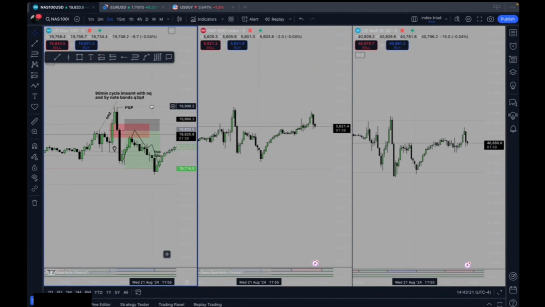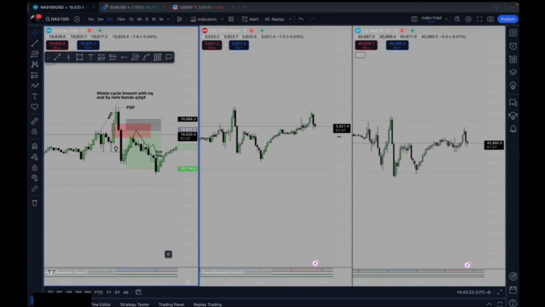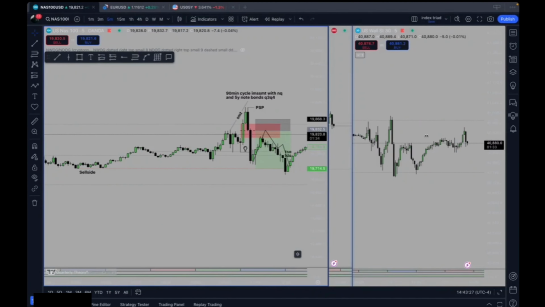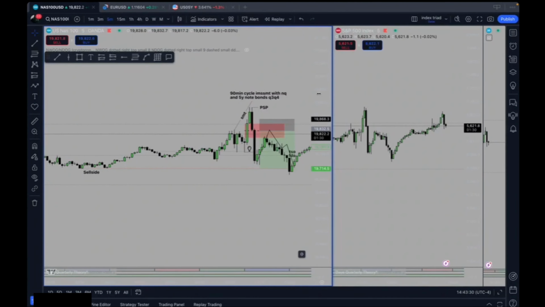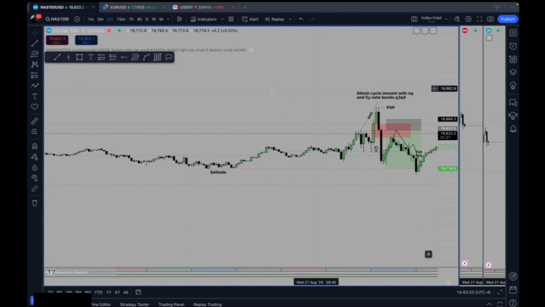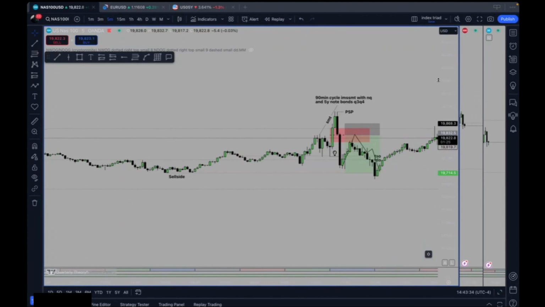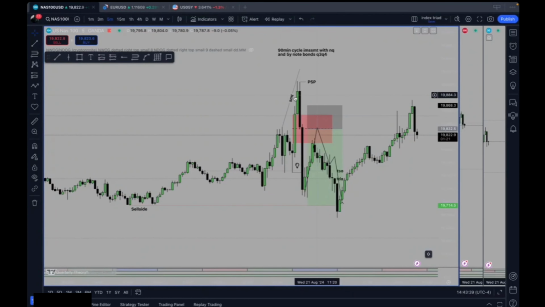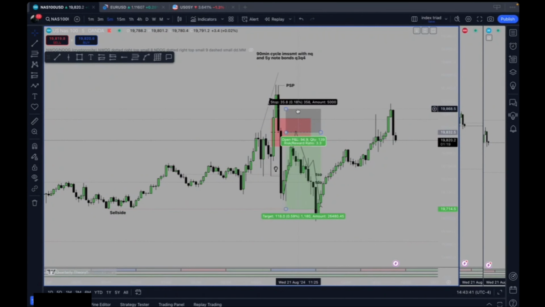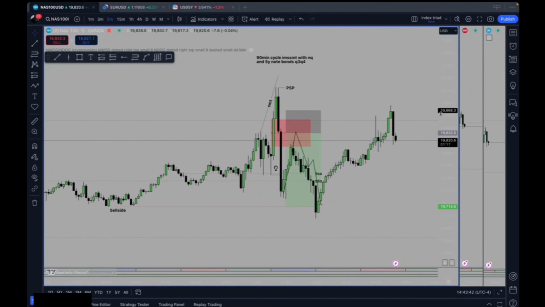Then I later waited for my setup to enter on. Let me make this bigger for you guys so you can see. One second. Okay, so I waited for my setup, which is ICT's 222 entry model.